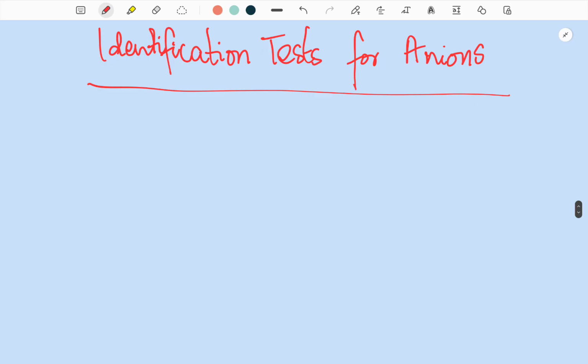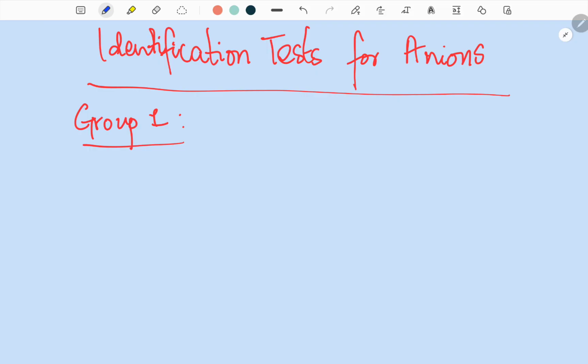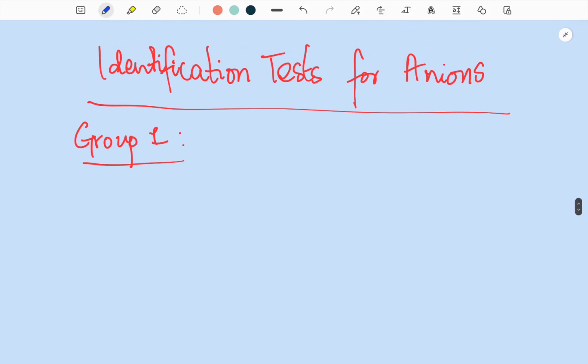So first we have to do the group 1 anions. So you can write group 1, okay. Now, first we need to do the test for carbonate. First, a clue that I'm going to give you is for the identification test for anions. Remember, we are using the salt in everything. We are not using salt solution.